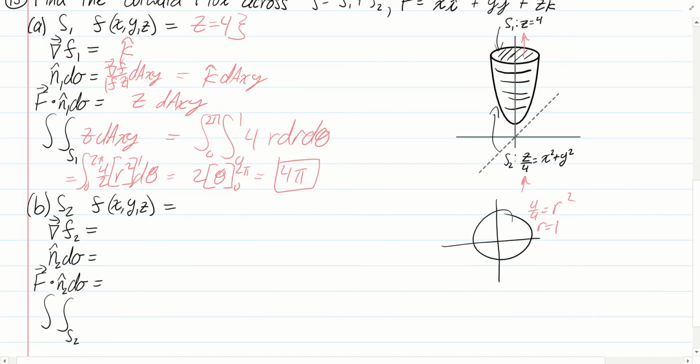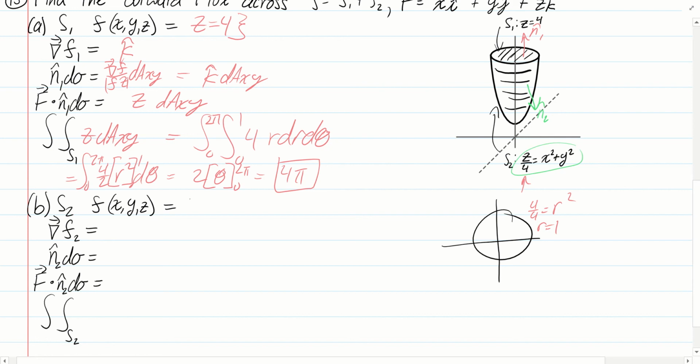And now we need to solve for S2. So S2, this is what our n hat's going to be. It's going to be going in the downward direction. So since this is n hat 2, this is n hat 1. So our n hat 2 in this case is going down, is going to have a negative z. So we need to make sure that when we use this surface here, we get a negative z out of it.